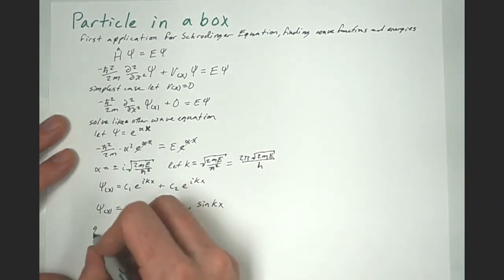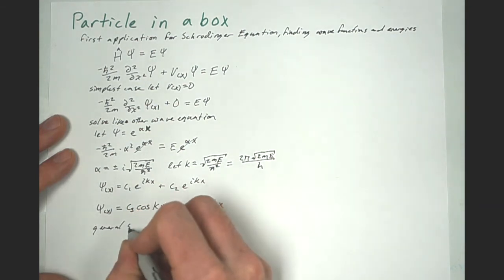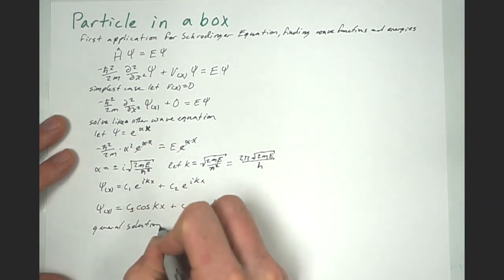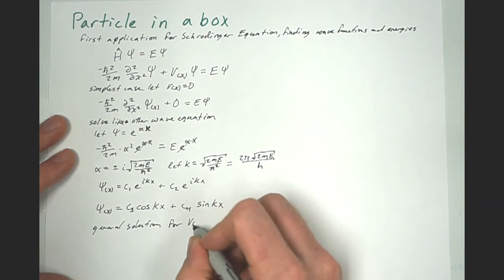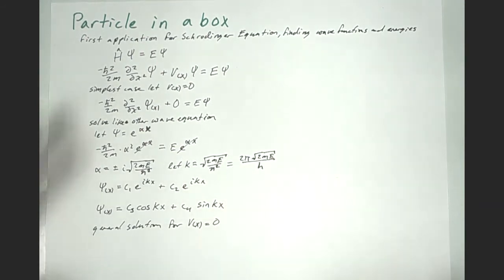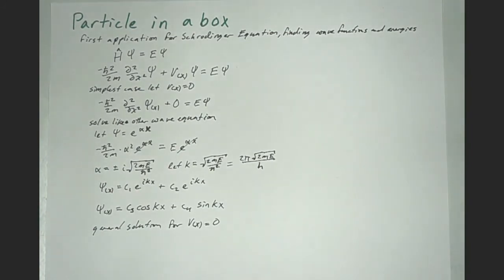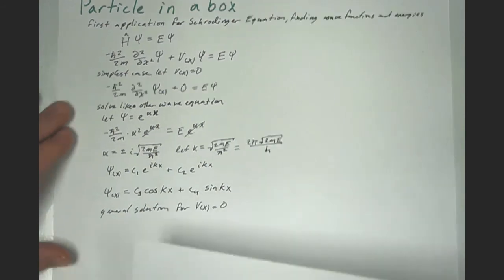This is our general solution for V of x equals 0. Now, this is a really general solution, and every time in classical wave equations, we always introduce some sort of boundary condition. And here we're going to introduce a boundary condition.